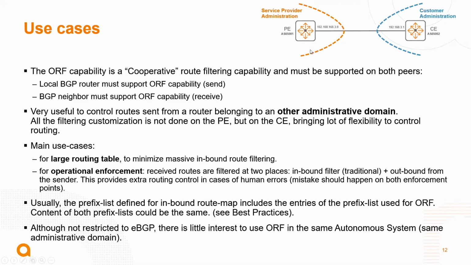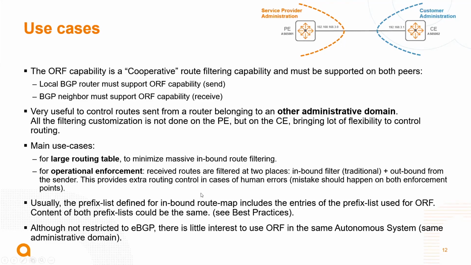This provides an extra protection mechanism in the sense that if you have human error on one route map or one prefix list, it's unlikely that human error will also impact the second prefix list used for the outbound route filtering. So this is a way to enforce operation.